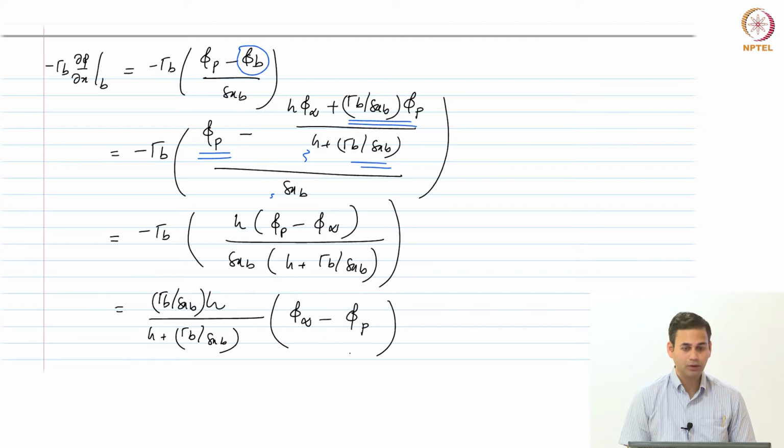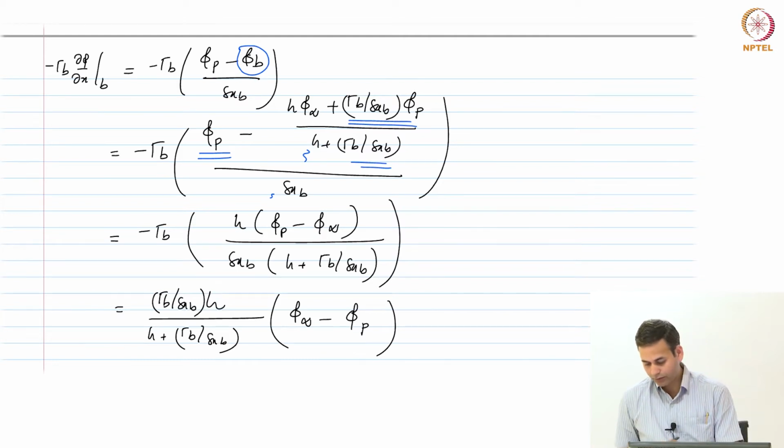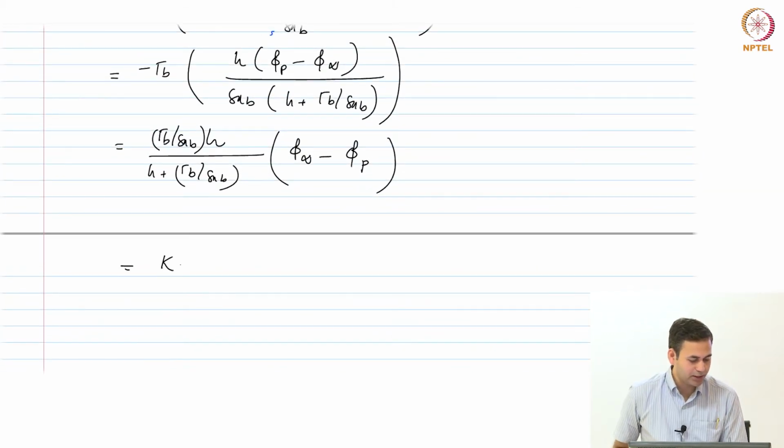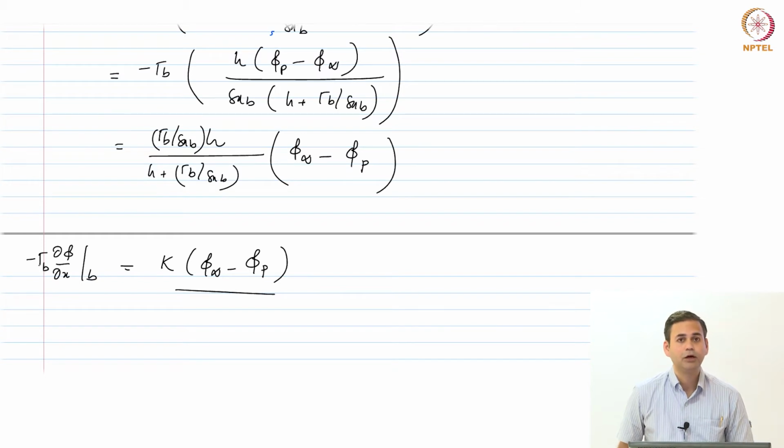Correct? Okay. Now let's call this coefficient that we have here as a constant. Okay, let's call this as some constant. So this is some constant k times phi infinity minus phi p, okay? This is your discretization for minus gamma b partial phi partial x b, right? That is your k times phi infinity minus phi p, and what is k?